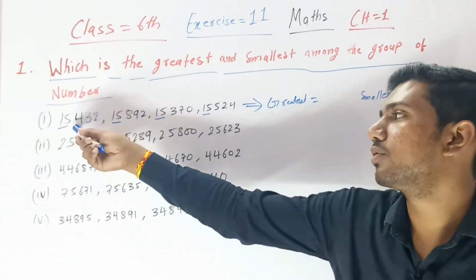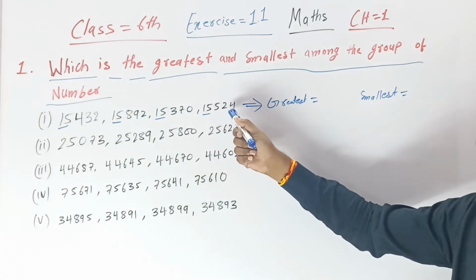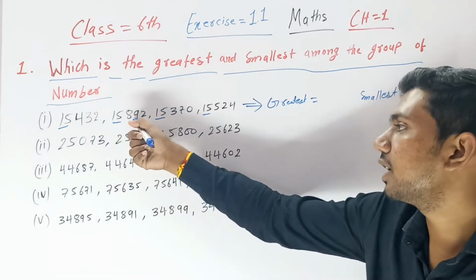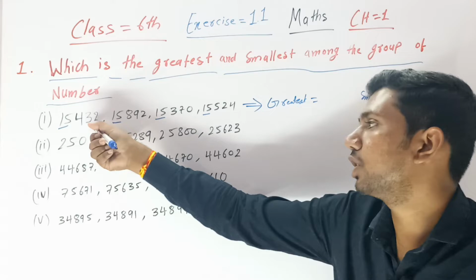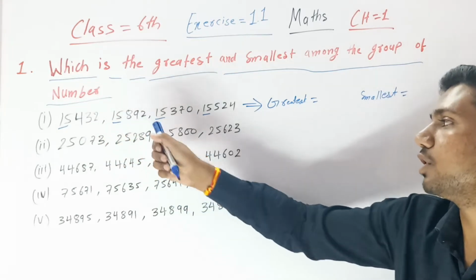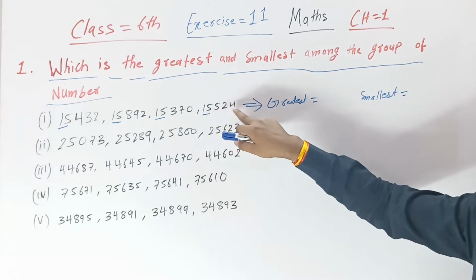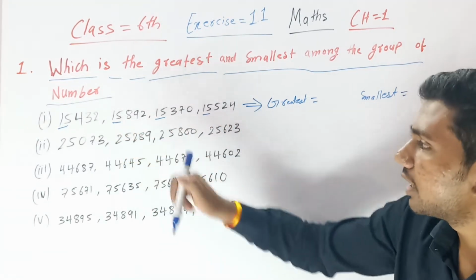Which is the greater? This 892 is the greatest in the hundreds place. So these are 15,432, 15,892, 15,370, 15,524. Which is greater? This 15,892 is the greater.